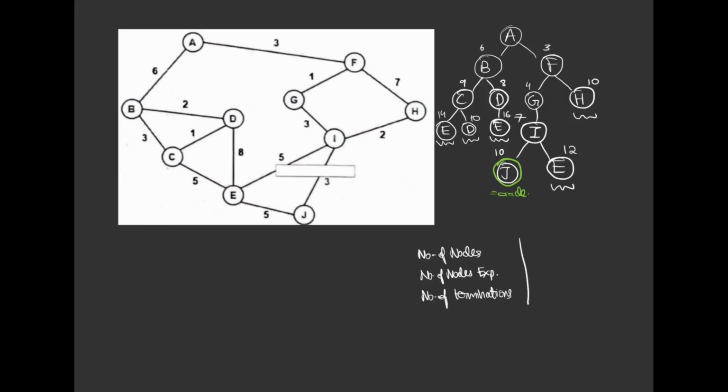So the number of nodes here are 1, 2, 3, 4, 5, 6, 7, 8, 9, 10, 11, 12, 13. So there are 13 nodes on our graph right now. Number of nodes expanded: 1, 2, 3, 4, 5, 6, wait, 7. We expanded only 7 of those. And number of terminations: 1, 2, 3, 4, 5, which is the remainder, 5.